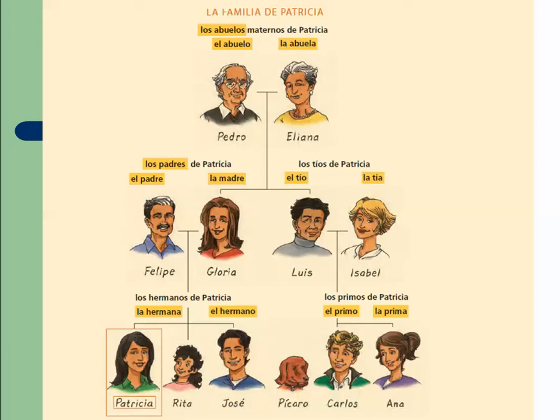You can say Gloria es la hija de Eliana. You can say that Pícaro, el perro, es el perro de Carlos y Ana. Pícaro es el hijo de Luis y Isabel.